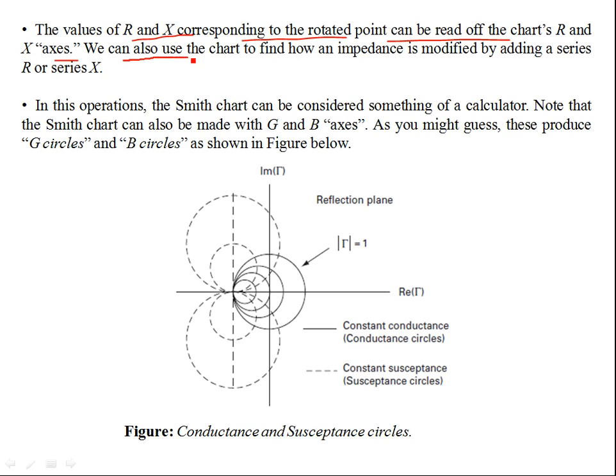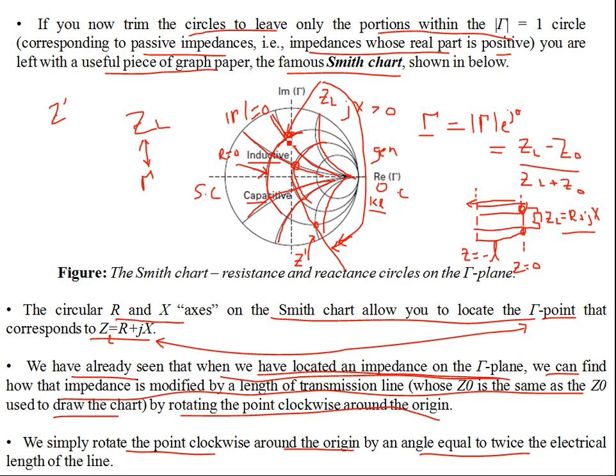We can also use the chart to find how an impedance is modified by adding series R or series X. What's going to happen is you're going to add more reactance, possibly this goes up. If you add more series resistance, you have to move to another circle.